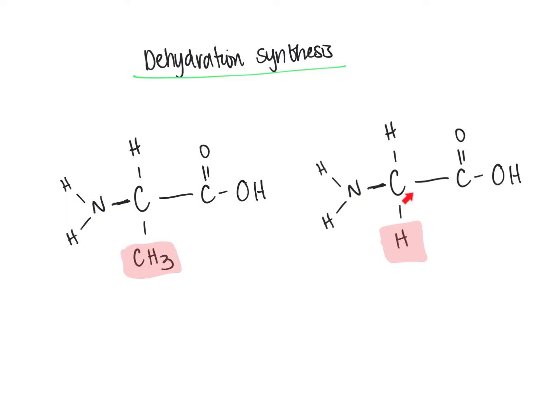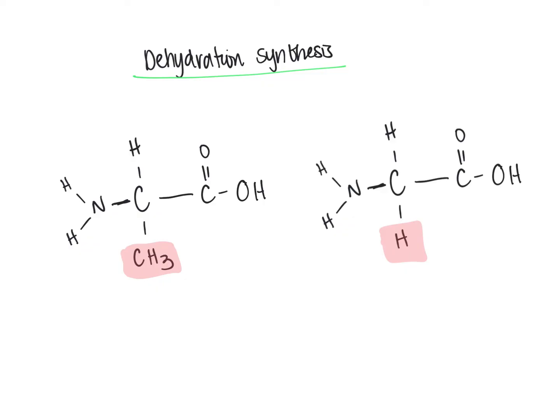This is the second amino acid. This one has a different R group attached to it, but it still has that central carbon, the carboxyl, and the amine group. So when dehydration synthesis occurs, remember that we are going to make water, H2O.